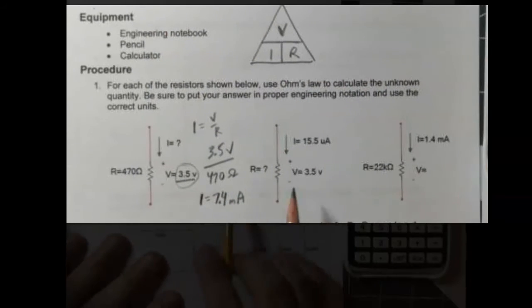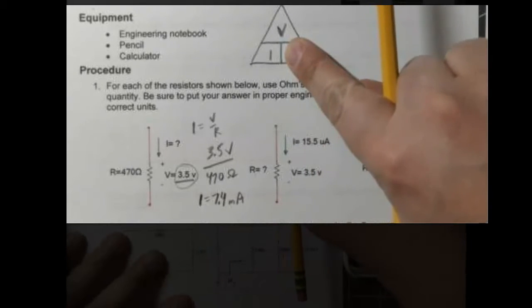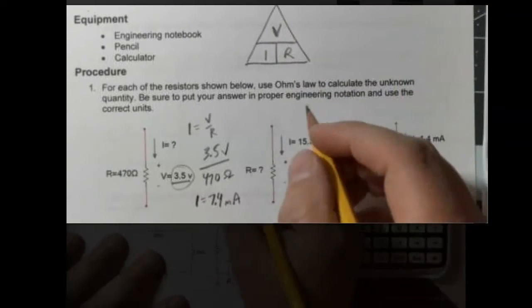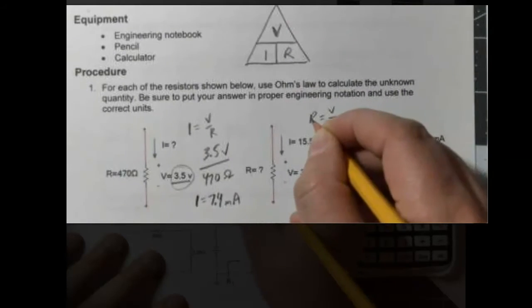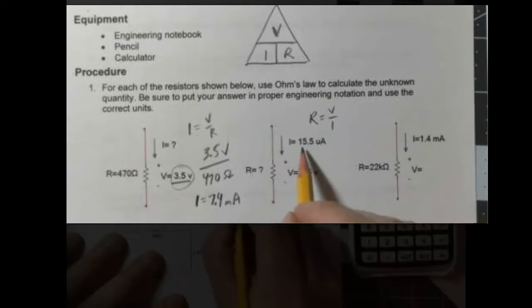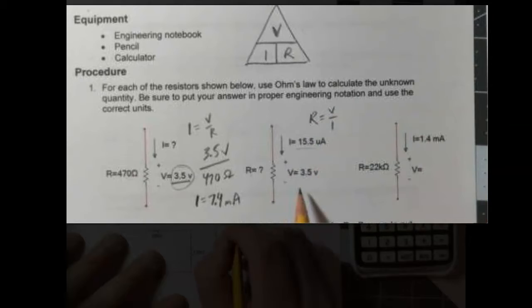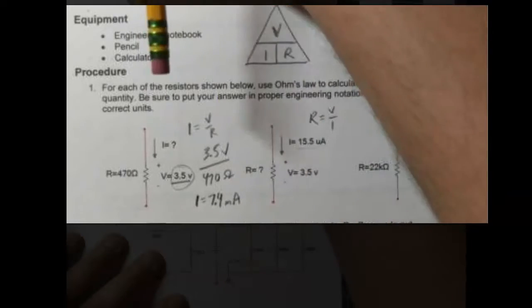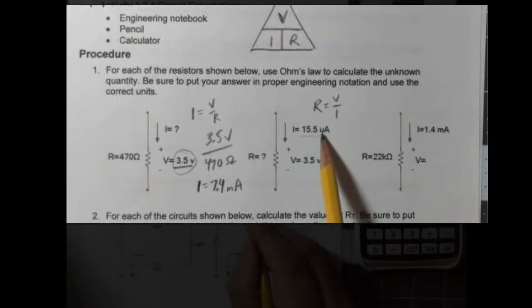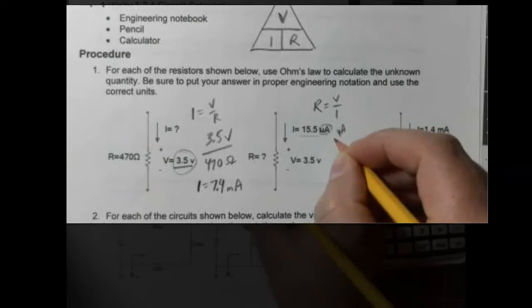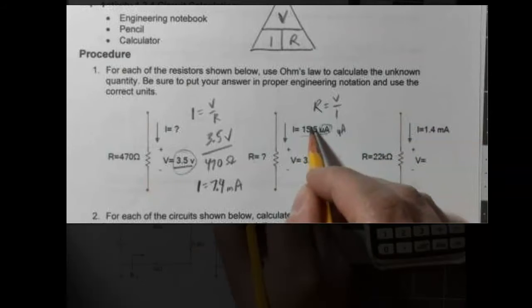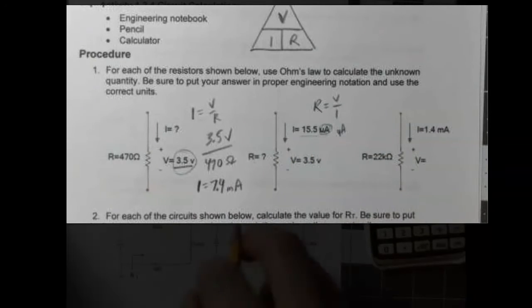Let's move on. In this one, we're looking for resistance. If we cover the R, that would be V divided by I. So R is equal to V divided by I. I is our current in microamps. You have to notice that this says microamps. If you see a little U shape, that means micro. So we have to convert some stuff first here.